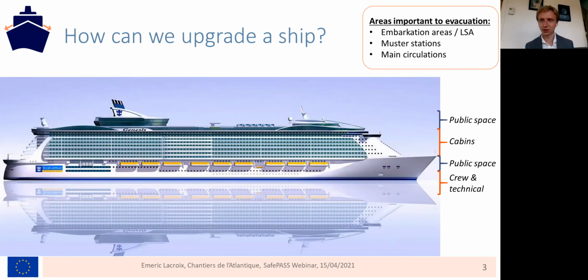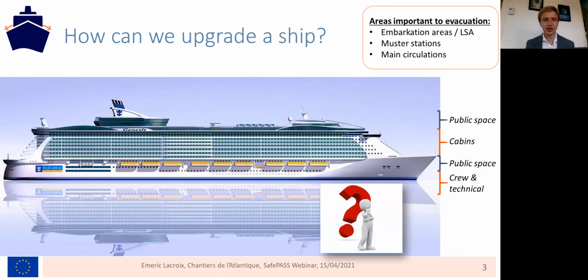Then you have your main circulation, which is the third point, which is important. So these are the staircases, for people to go down to the assembly stations, and main corridors. So these are the three main areas for us.